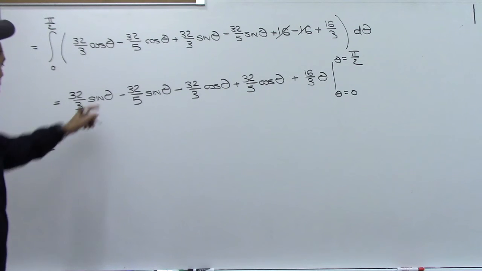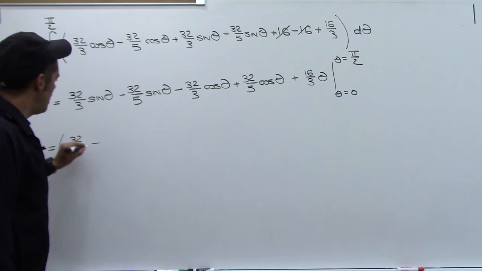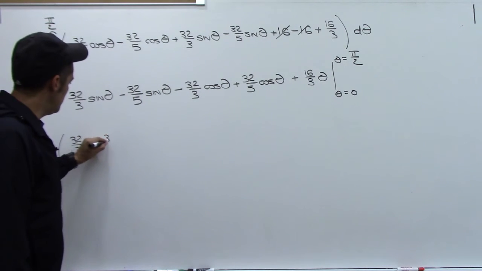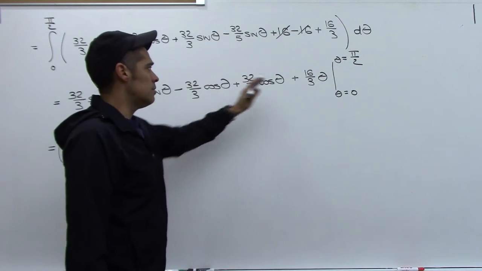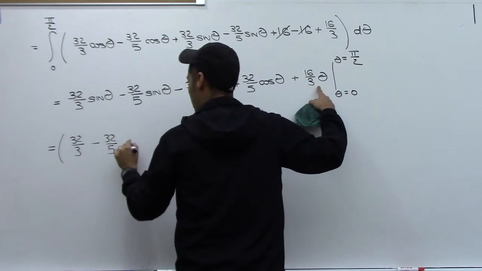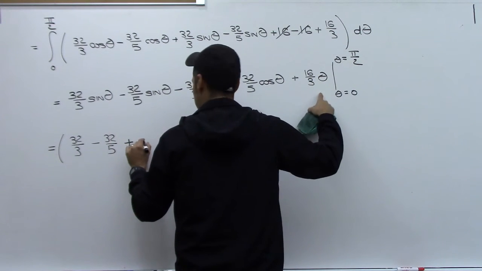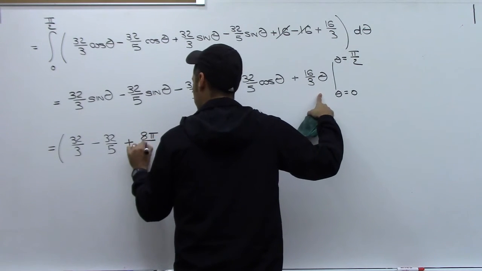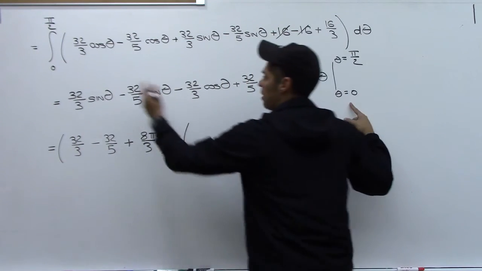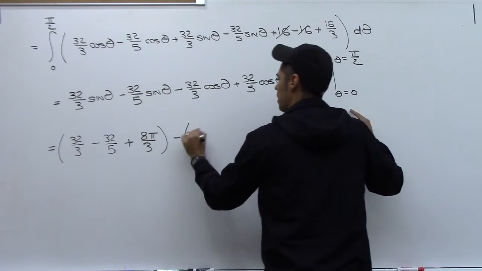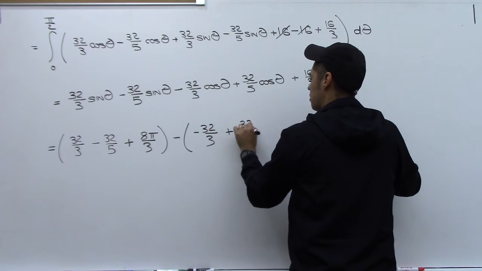Sine of pi over 2 is 1, so we get 32 thirds minus sine of pi over 2 is 1, so 32 fifths. Cosine of pi over 2 is 0. Cosine of pi over 2 is 0. Plug in pi over 2 right here. You get 16 times pi over 2 is 8 pi over 3. Then minus, when we plug in 0, well, I just did that. Sine of 0 was 0. That was 0. This was negative 32 thirds, and then plus 32 fifths.